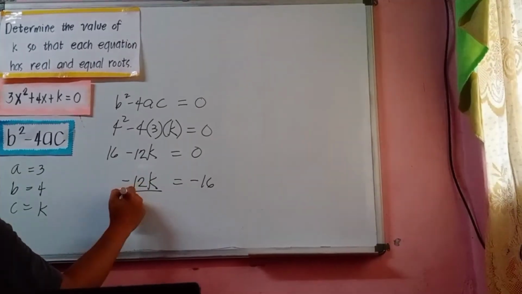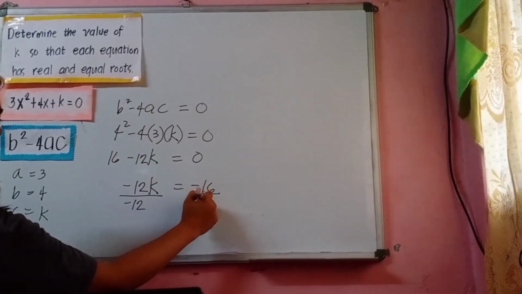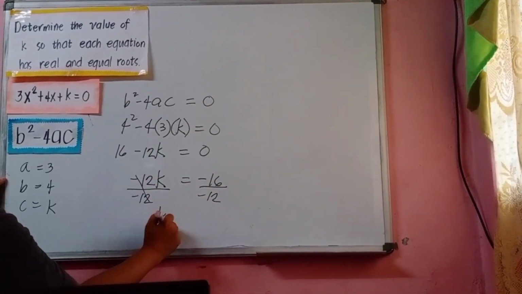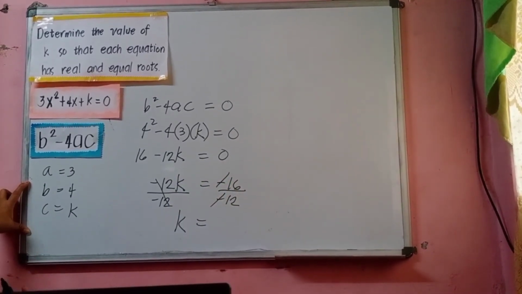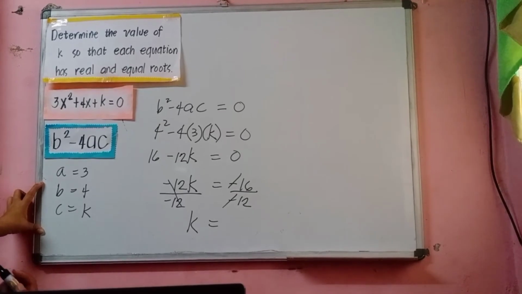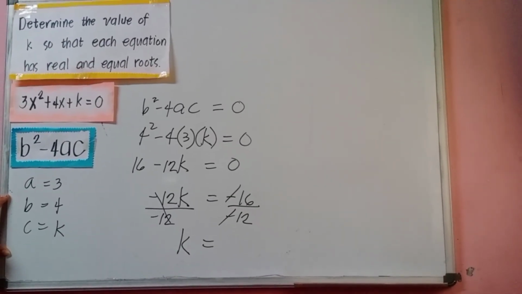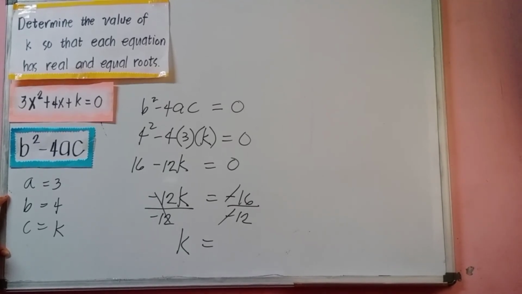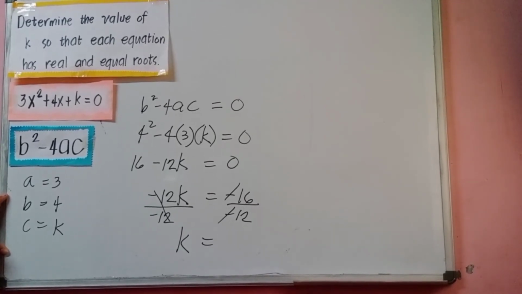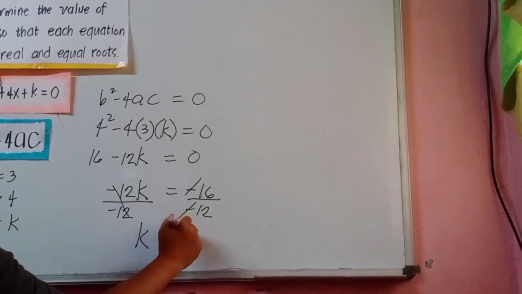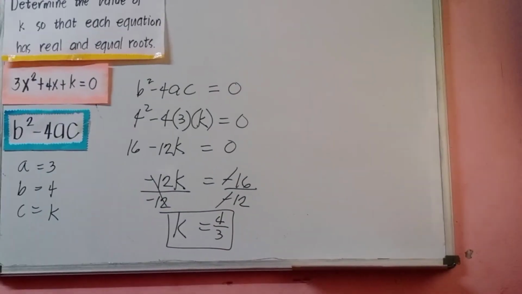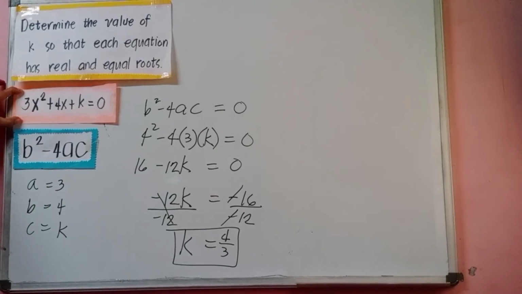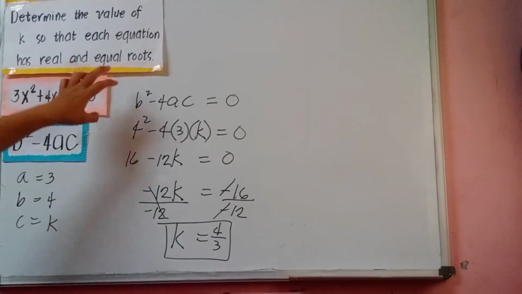Then finally, divide both by negative 12. K is equal to, let's cancel out the two negatives, negative divided by negative is positive. Now, 16 over 12 cannot be divided evenly, but we can reduce this to lowest term. And the lowest term for this is, of course, 4 thirds. So k is equal to 4 thirds, so that this quadratic equation will have real and equal roots.